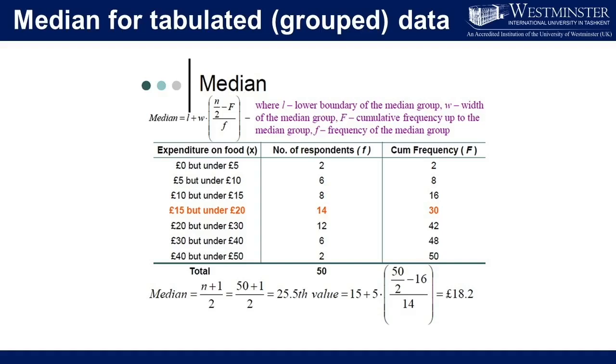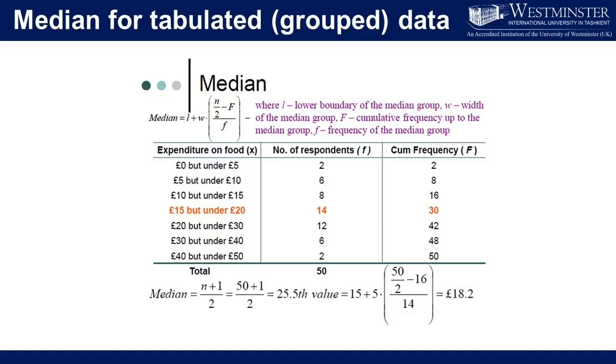L stands for the lower boundary of the median group, W stands for the width of the median group, F stands for the cumulative frequency up to the median group, and f stands for the frequency of the median group. But what is that median group?